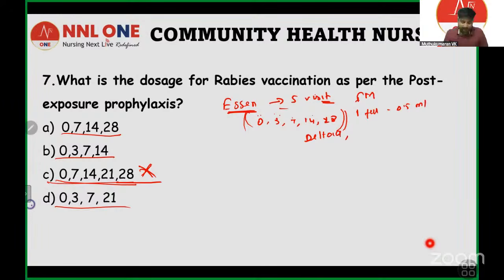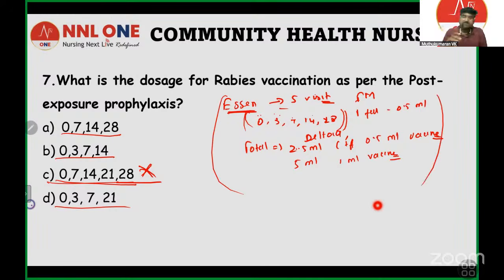The total volume is 2.5 ml if it is 0.5 ml vaccine, or we can give 5 ml if the total vial of vaccine is 5, then 1 ml vaccine we can give. This is for the Essen regimen only. Is it clear now?